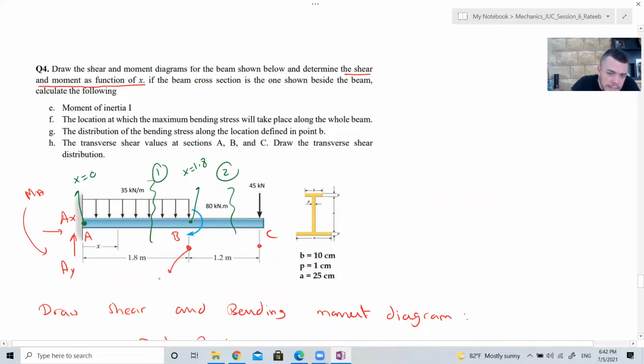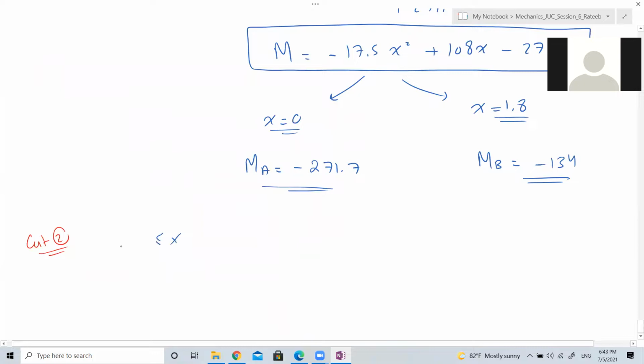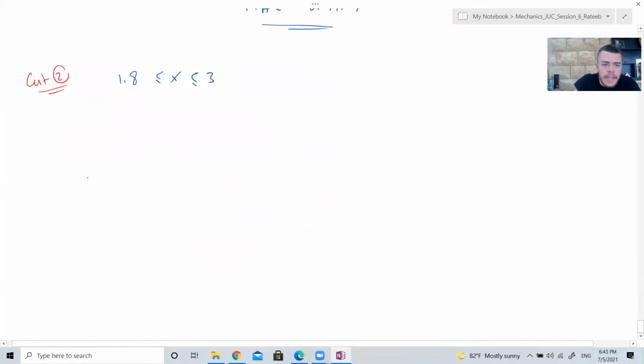At this point, what's x? x starts from here, so 1.8 plus 1.2 is 3. Yes, it's 3. All of this from here to here is x. So x varies between 1.8 and 3.